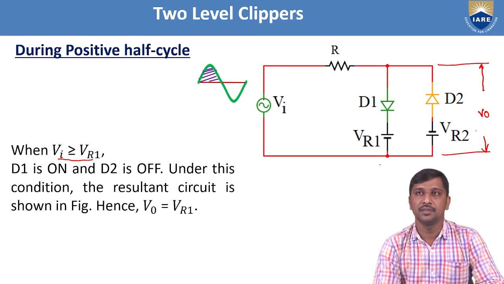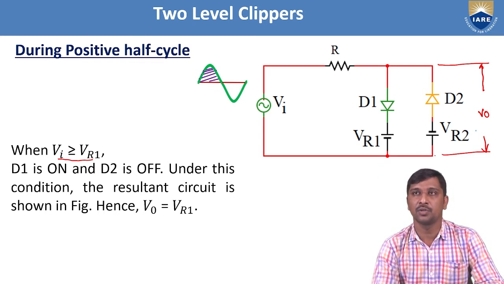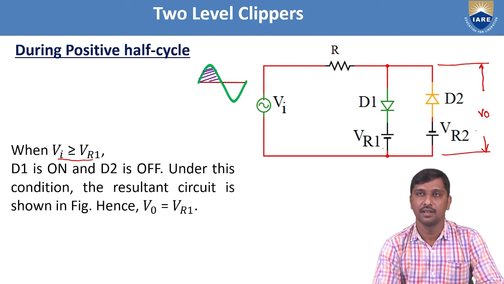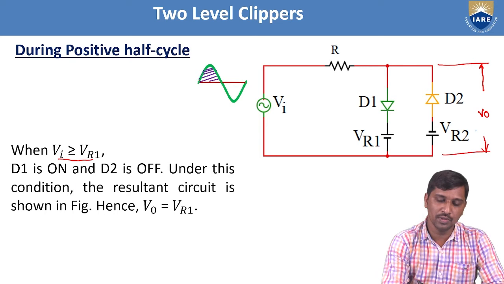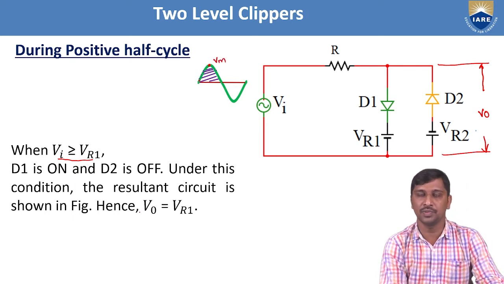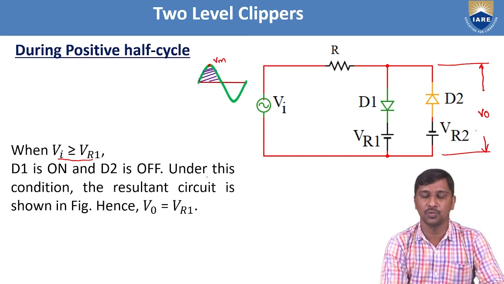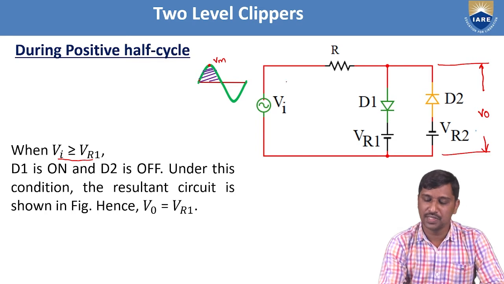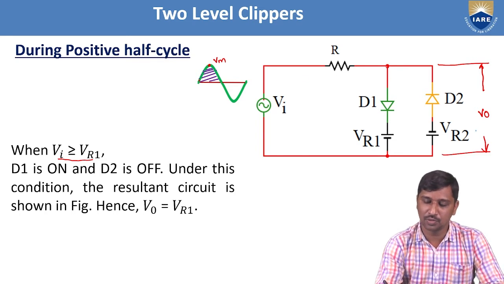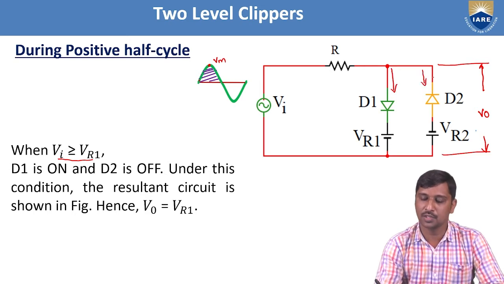What we assumed here is that VR1 and VR2 have the same amount of voltage but different polarities. VR1 is the positive magnitude, VR2 is the negative magnitude. When the input signal is passing, let us assume the input voltage is greater than or equal to VR1. Your input signal is connected to this node, so Vi is passing to here, and again Vi is passing to D2 here.